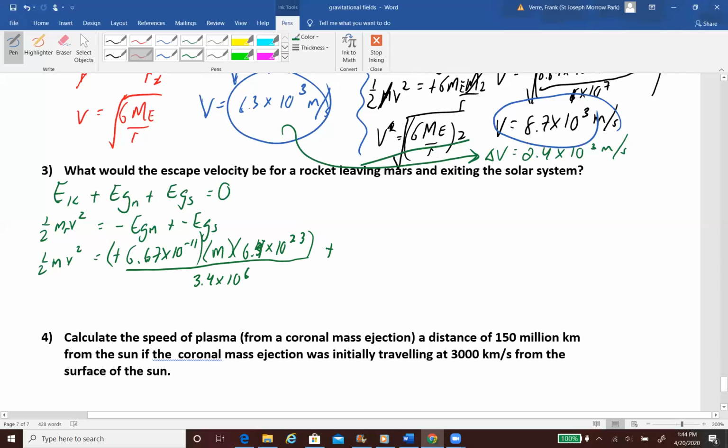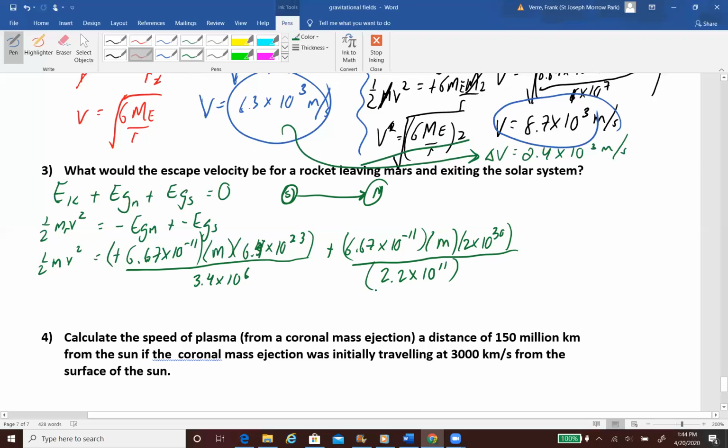Okay. Plus 6.67 times 10 to the minus 11 times the mass of the rocket times the mass of the sun, which is about 2 times 10 to the 30, over r. Now r would be the distance from the sun to Mars, which is about 2.2 times 10 to the 11 meters.